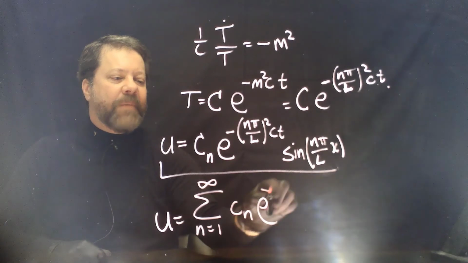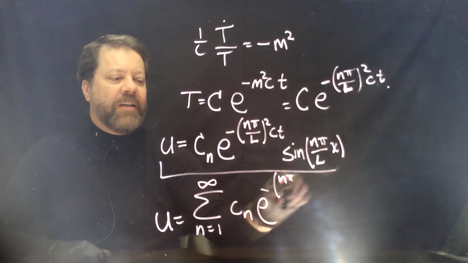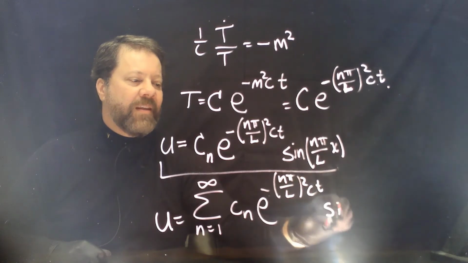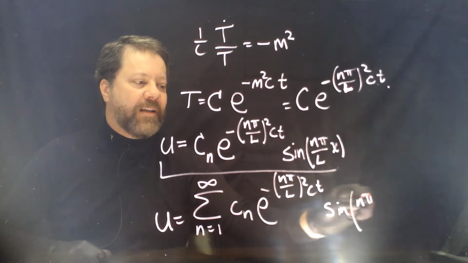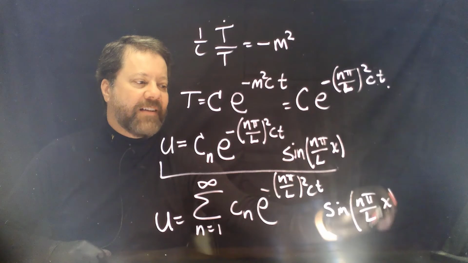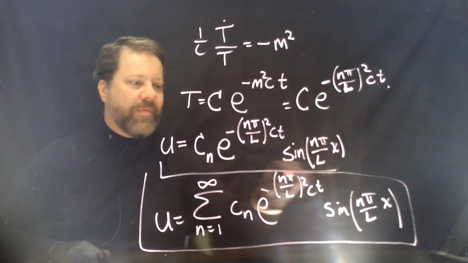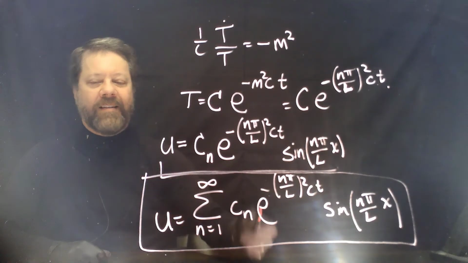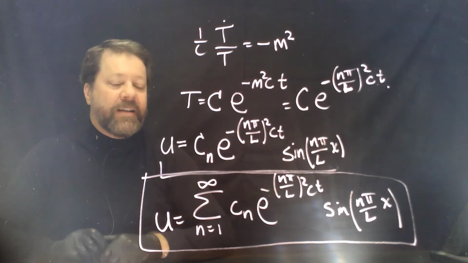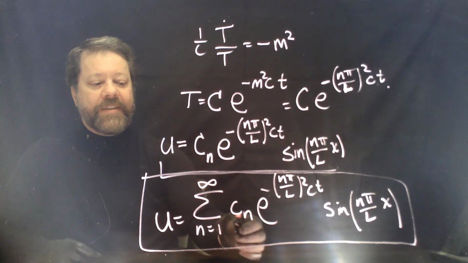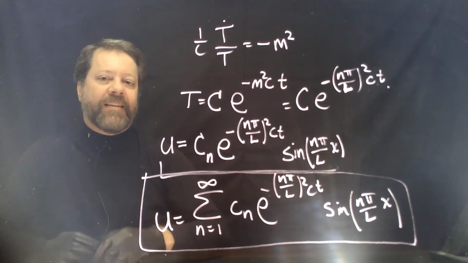Cn e to the minus n pi over L quantity squared c t sine n pi over L x. A more general solution.